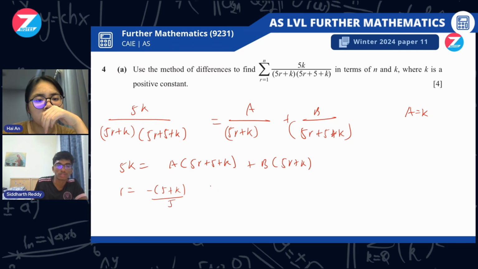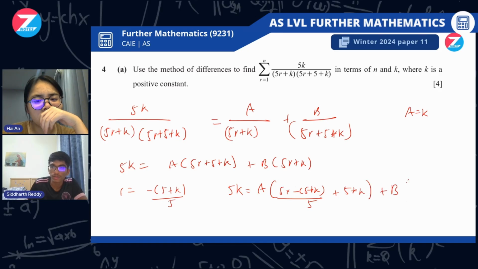So if we substitute it into that equation, we get 5k is equal to a into 5 into minus 5 plus k by 5 plus 5 plus k plus b into 5 into minus k by 5. 5 and 5 just cancel.